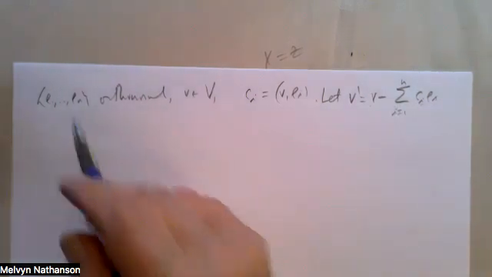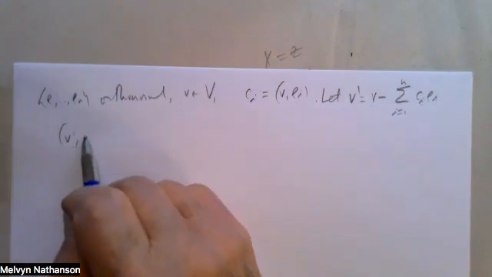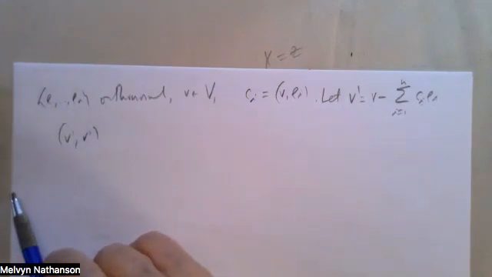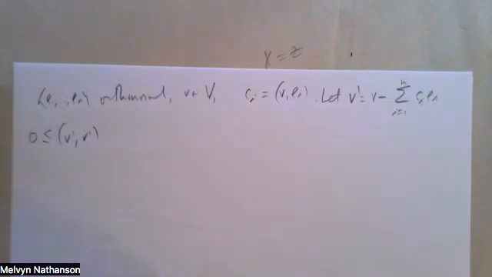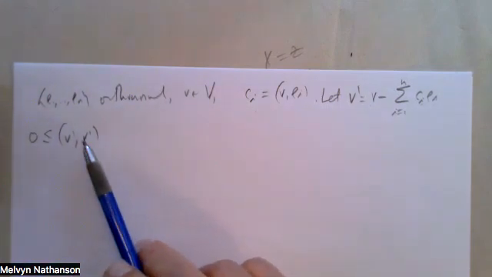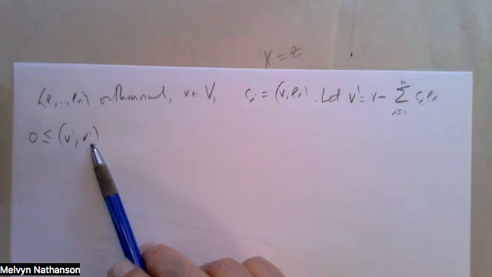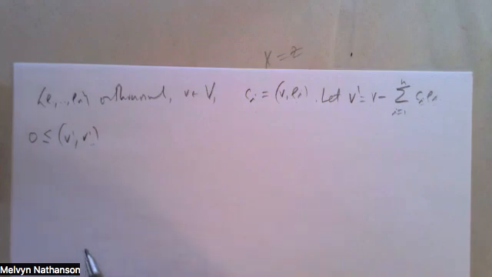That's my vector v prime. Now, I'm going to take the inner product of v prime with itself. The inner product of a vector with itself is always greater than or equal to 0. It's 0 if v prime is the 0 vector, otherwise it's positive.